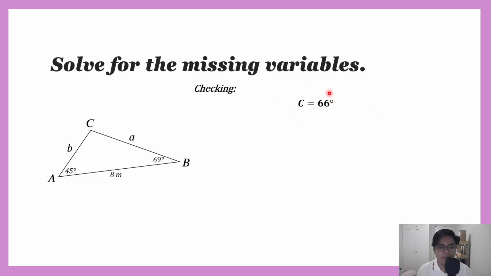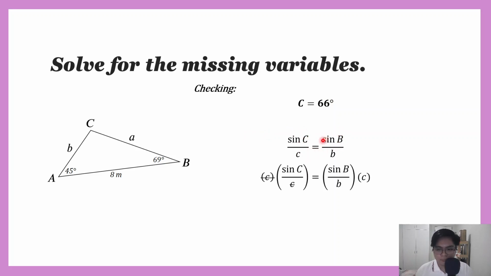We now check angle C, if C is really equal to 66 degrees. We now use sine C over c equals sine B over b. We multiply first side c on both sides.